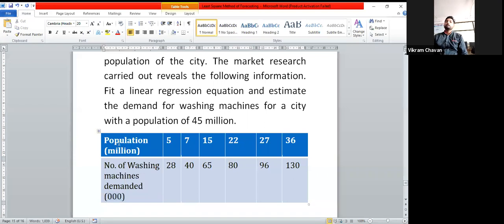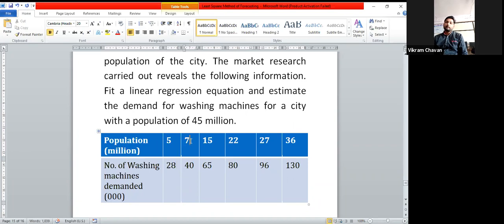Population is provided in millions: 5 million, 7 million, 15 million. When the population of a city is 5 million, the sale of washing machines is 28,000.